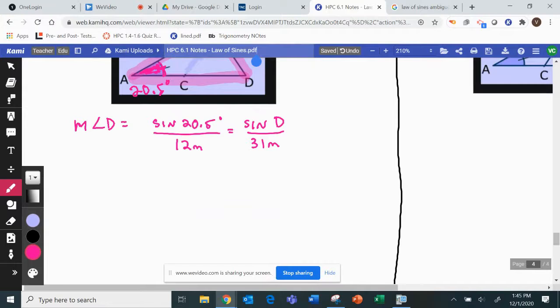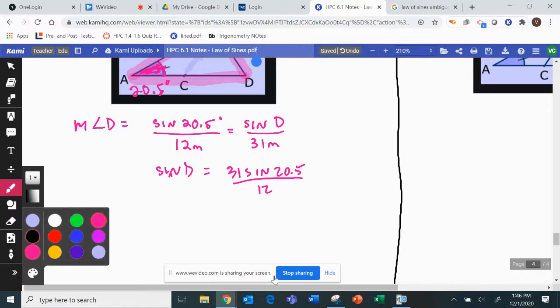So I'm going to set this up. I'm going to cross multiply. I'm going to get sine D equals 31 sine 20.5 divided by 12. I'm going to have to sine inverse that.